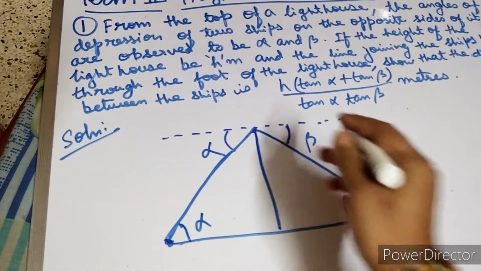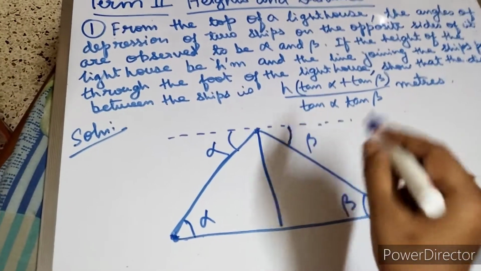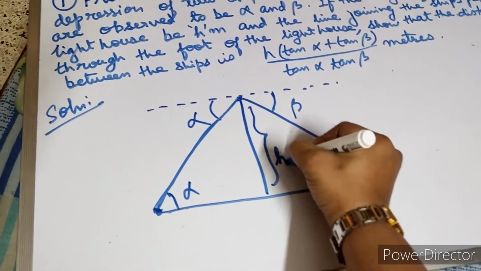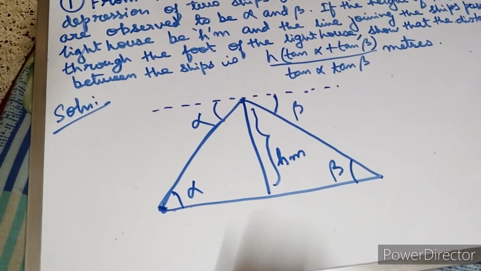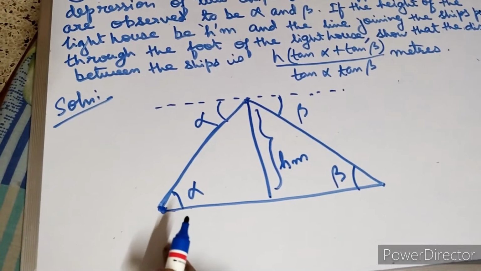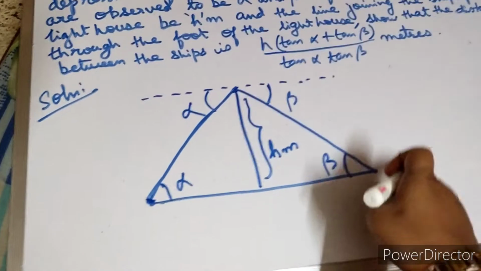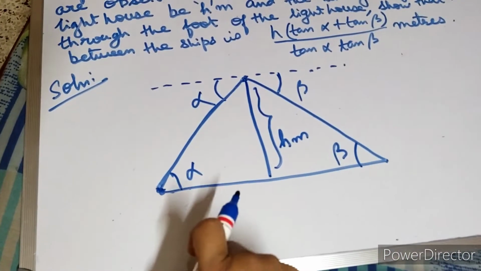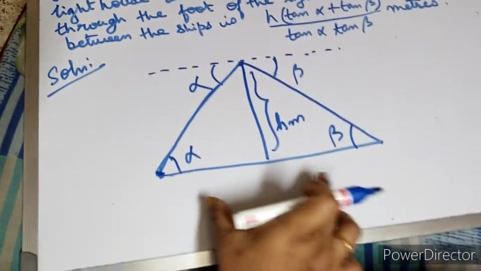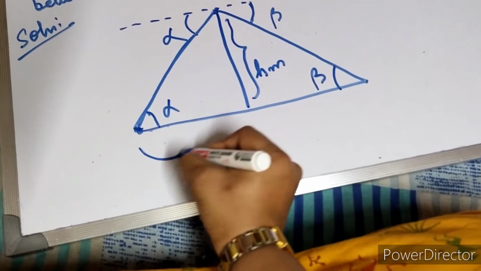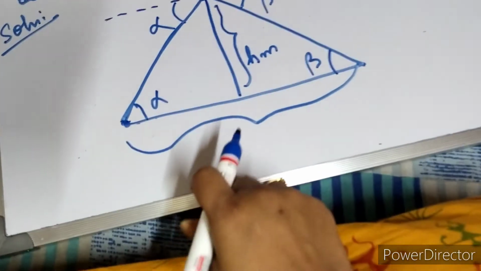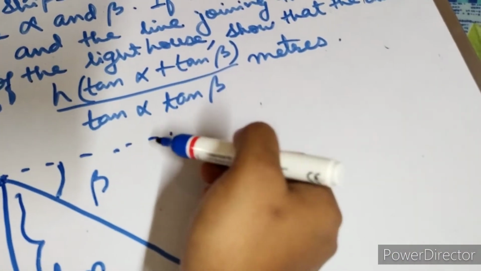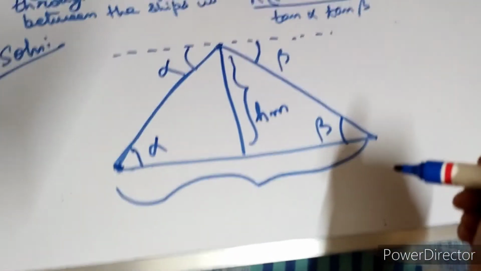Now, next it is said that the height of the lighthouse is h meter, so this height is h meter, and the line joining the ships through the foot of the lighthouse, then show that the distance between the ships, from here till here, is h (tan alpha plus tan beta) by tan alpha tan beta.